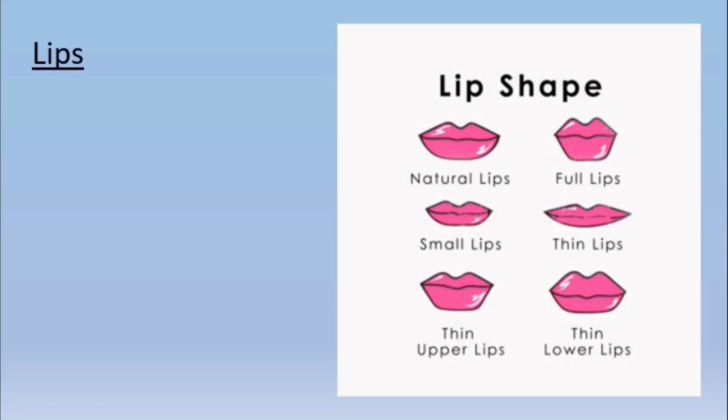Sometimes only part of the lip will be thin or full. Thin upper lip. He has a thin upper lip and a full lower lip. He has a full upper lip and a thin lower lip.